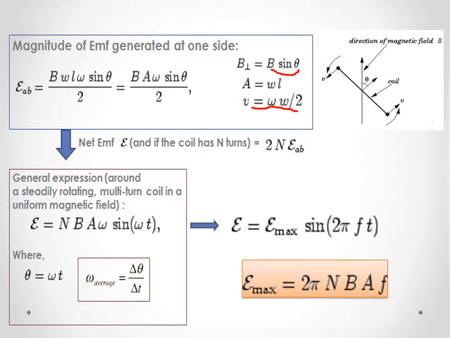From there, we can also simplify the equation to area because we have width times length here, so we can get an area. And from there, we get the equation B A omega sine theta over 2, which is this.